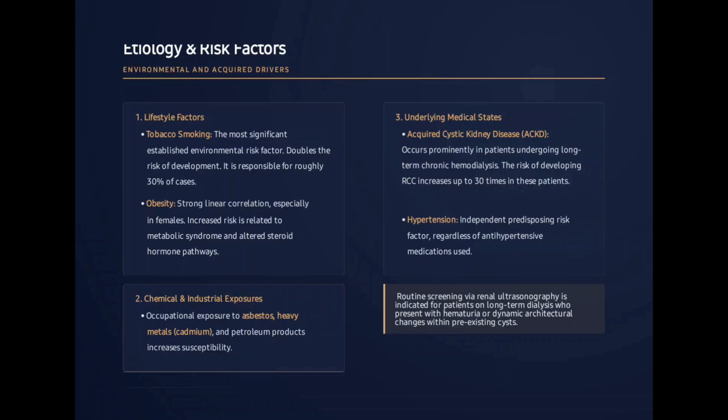The risk of developing RCC increases up to 30% in these patients. Hypertension is an independent predisposing risk factor, regardless of the antihypertensive medications taken. Routine screening via renal ultrasonography is indicated for patients on long-term dialysis who present with hematuria or dynamic architectural changes within the pre-existing cysts.